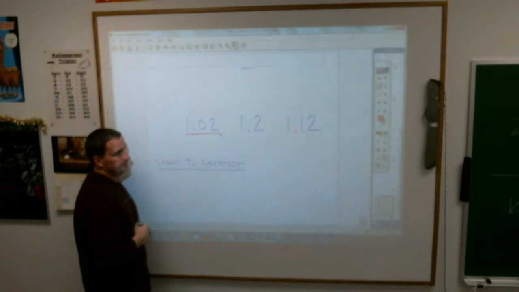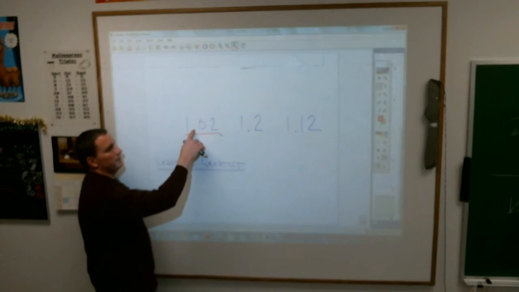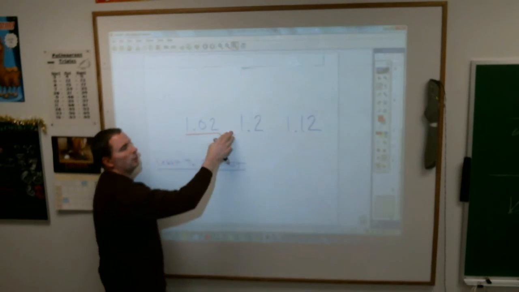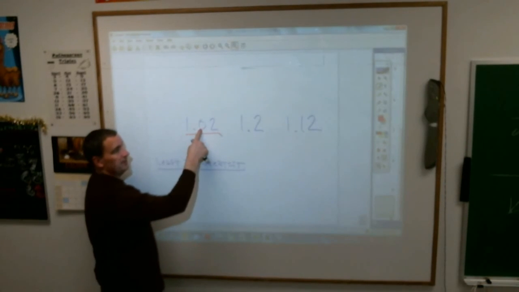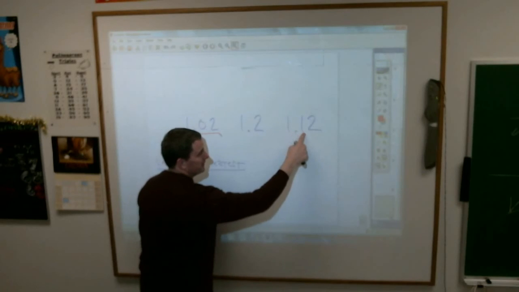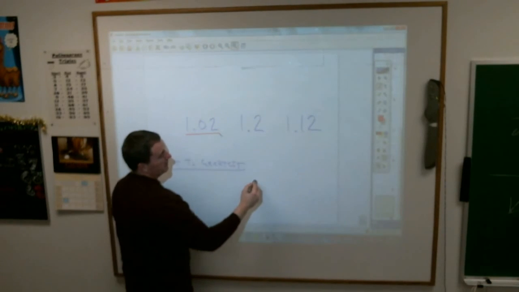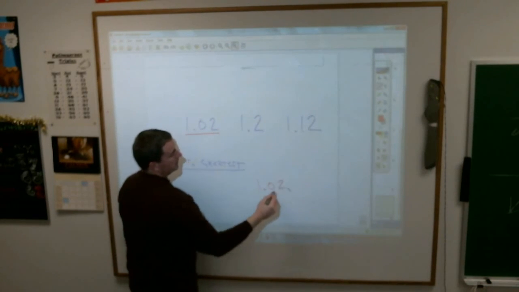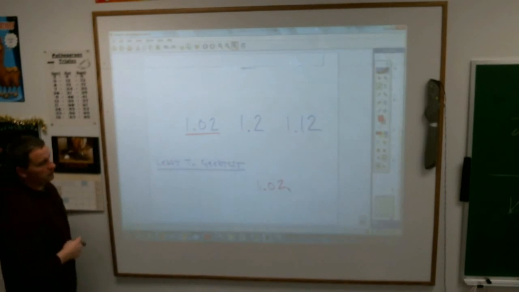Why? If you look at, first of all, the whole numbers, they're all 1, so they're equal there. First digit after the decimal: this is a 0, this is a 2, and that's a 1. So this has to be, no matter what, 1.02 is most definitely the smallest one there.